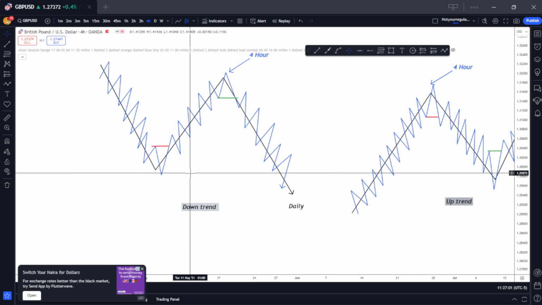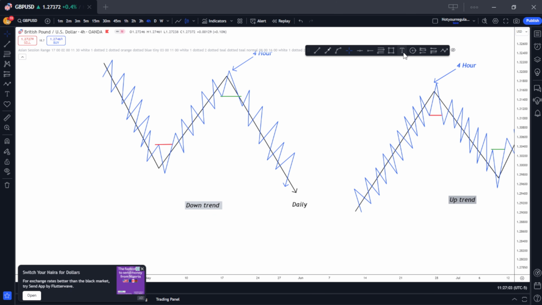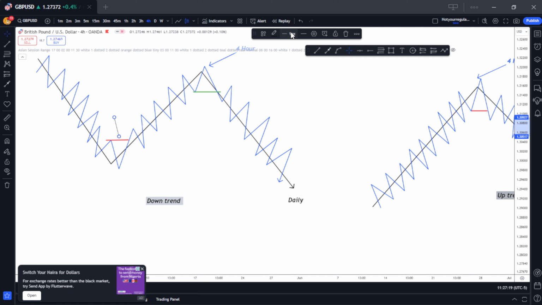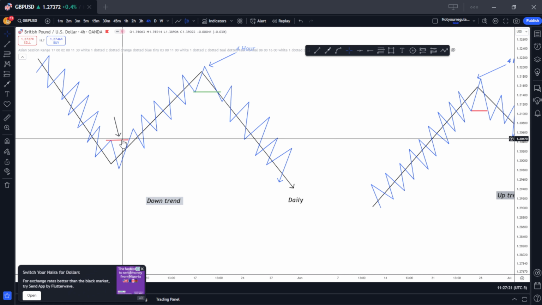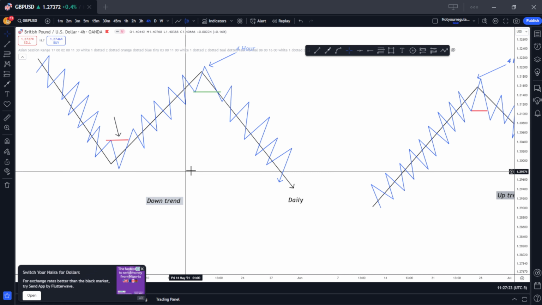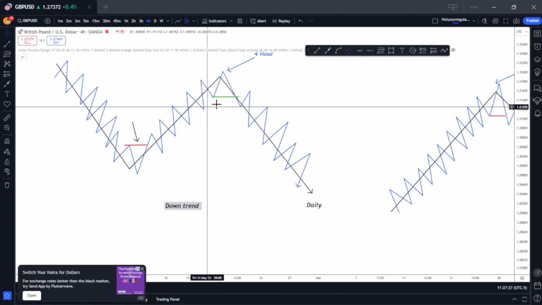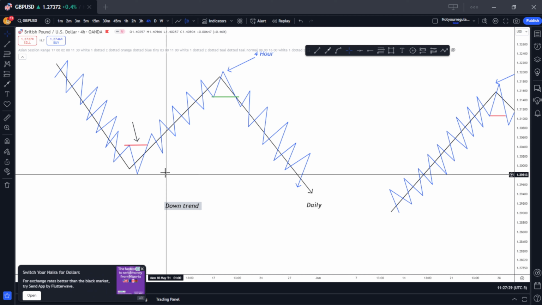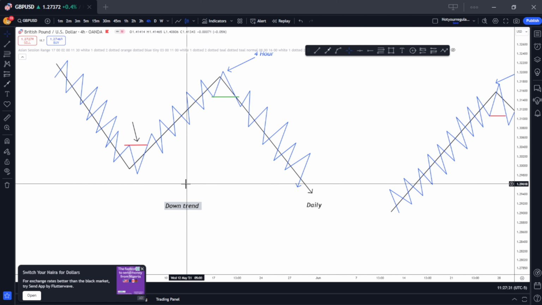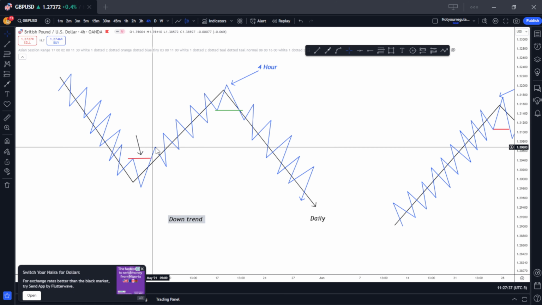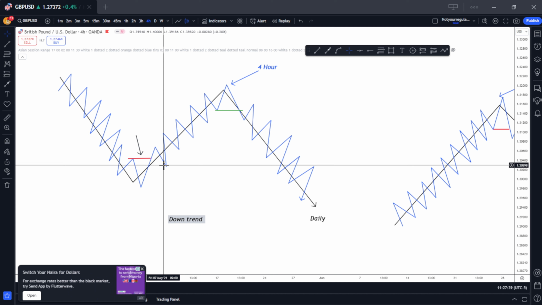The counter trend BOS on the lower time frame, which is our 4 hour internal structure, signals a pullback on the higher time frame structure. So what it's telling us is we are now in a pullback phase of the higher time frame structure.